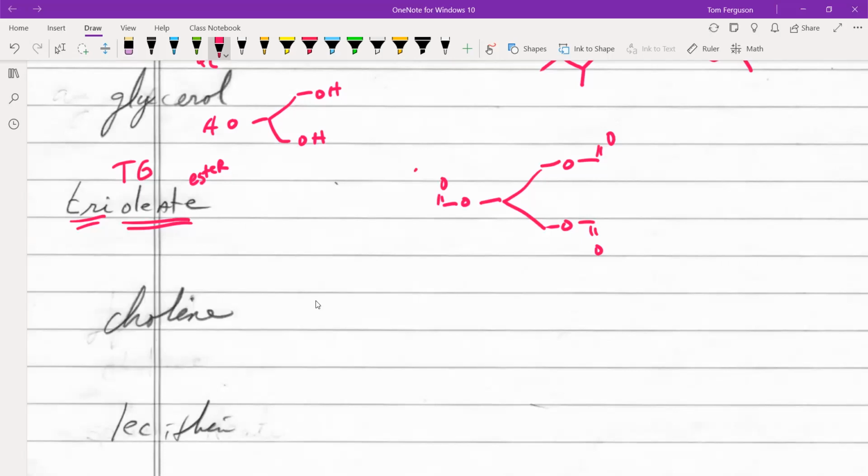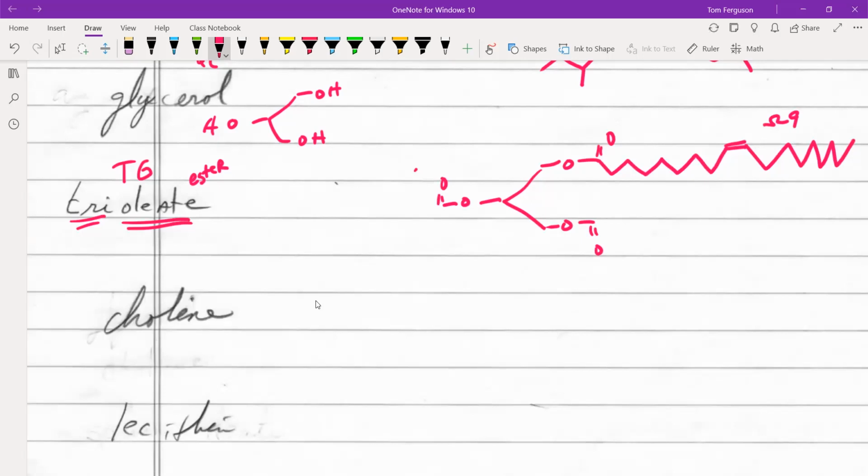And it's going to be omega-9. This is how the oleic acid comes from the word olive, and it was first discovered when they were making olive oil.